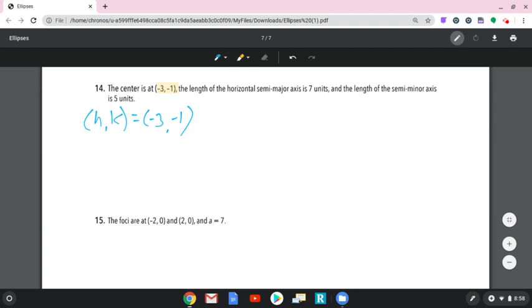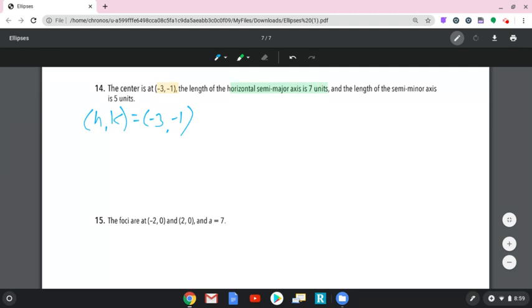That's valuable information. But what we now need to know is where our major axis is. Is it horizontal or vertical, to determine which equation we're drawn towards and where a is? Is a under x or is a under y? It says the length of the horizontal semi-major axis is 7 units.